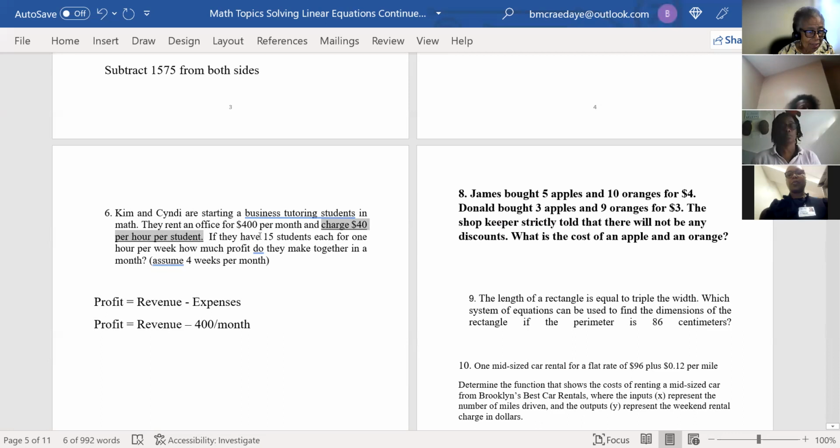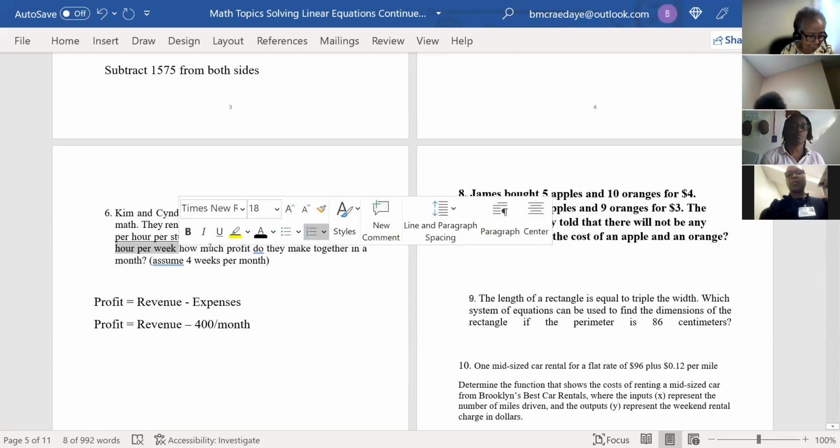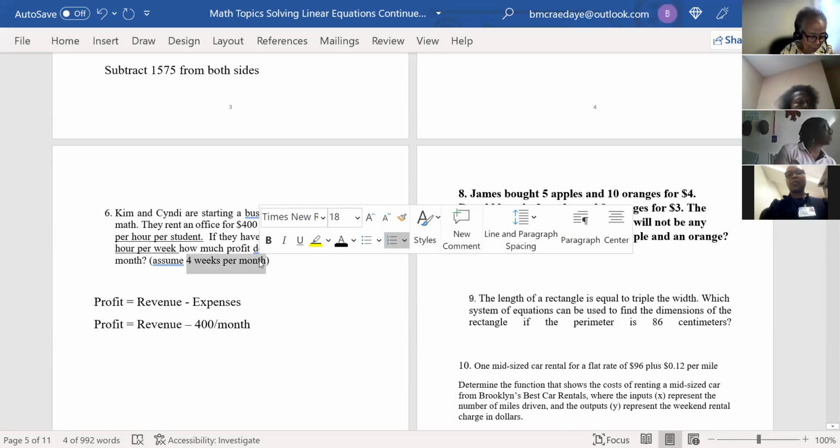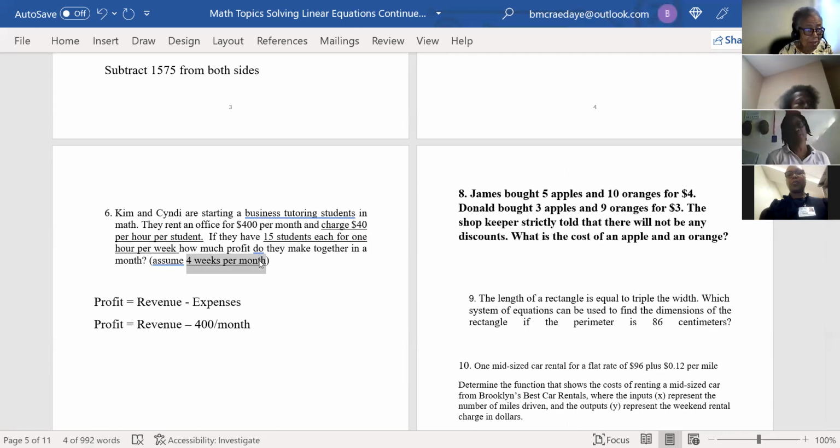And there's 15 students each, 1 hour per week. All right, that we know. And we're given 4 weeks in a month. That's supposed to be kind of mental math.